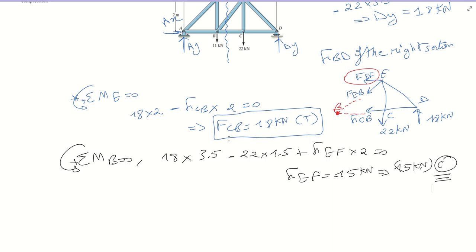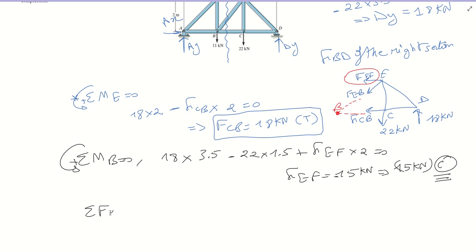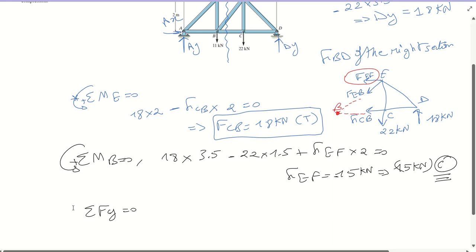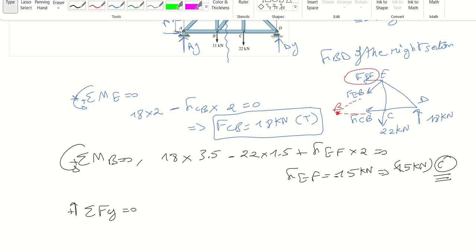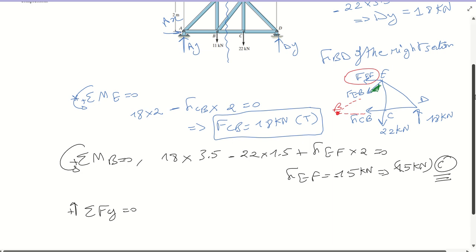Now to find the third unknown force, which is FEB, I can just do summation of forces in y is equal to 0. This is my positive sign convention. And now I need this small triangle to be able to project on x and on y. So let's check what I have here for the vertical.